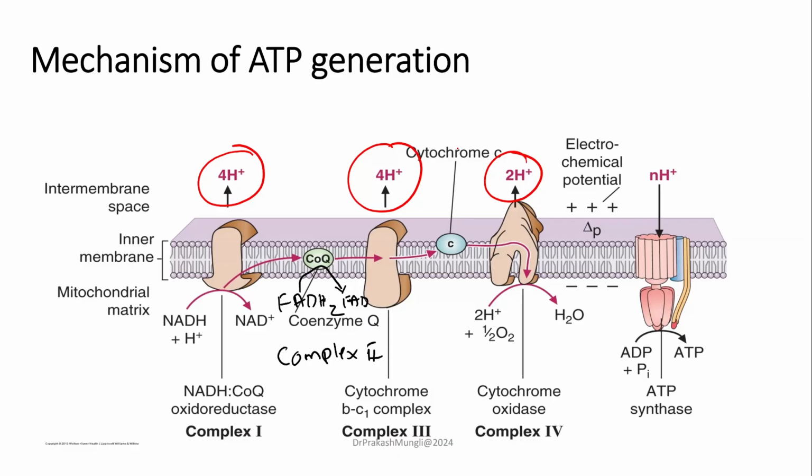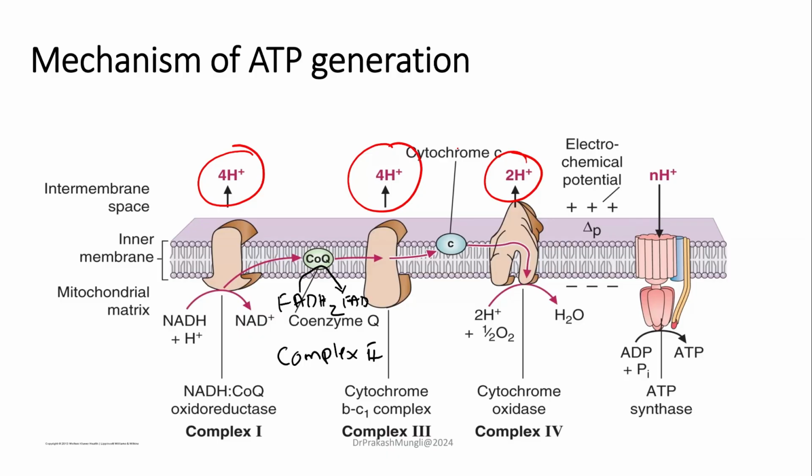As these electrons flow from the complex with a relatively more negative potential towards the complex with a relatively more positive potential, there will be a loss of energy in that flow. As electrons flow from one complex to another, they go on releasing energy to these complexes, and that energy is used by the complex to pump protons.